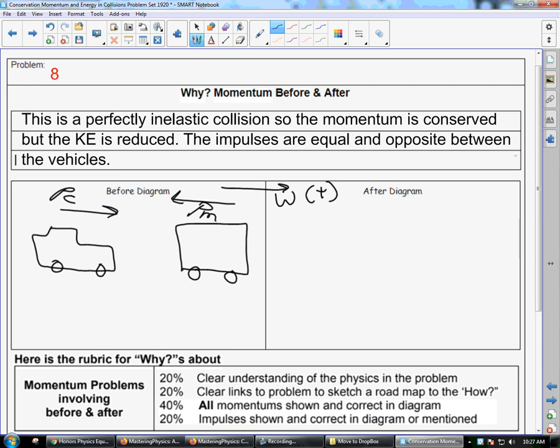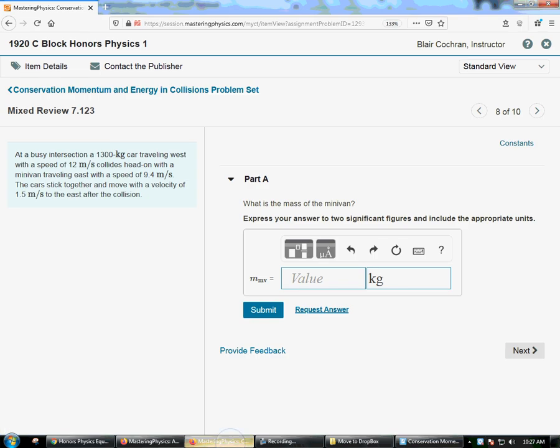Then afterwards, the two are one object. And let's see, does it tell me travel with velocity east after the collision?